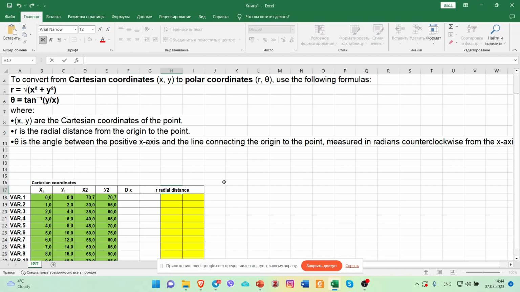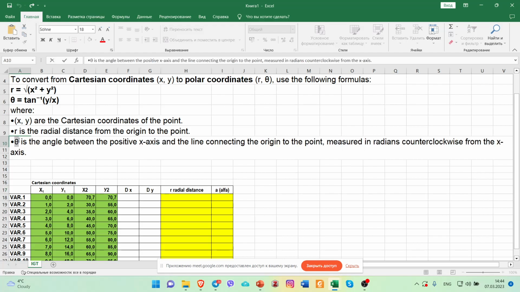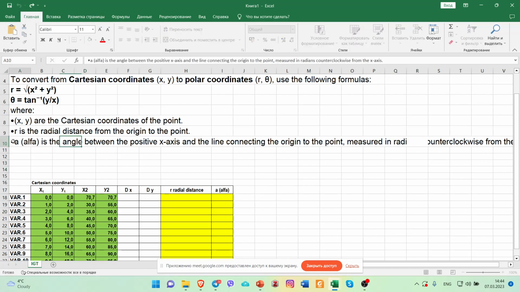And alpha, angle between the positive x-axis and the line connecting to the origin of the point, measuring in radians clockwise from x-axis.